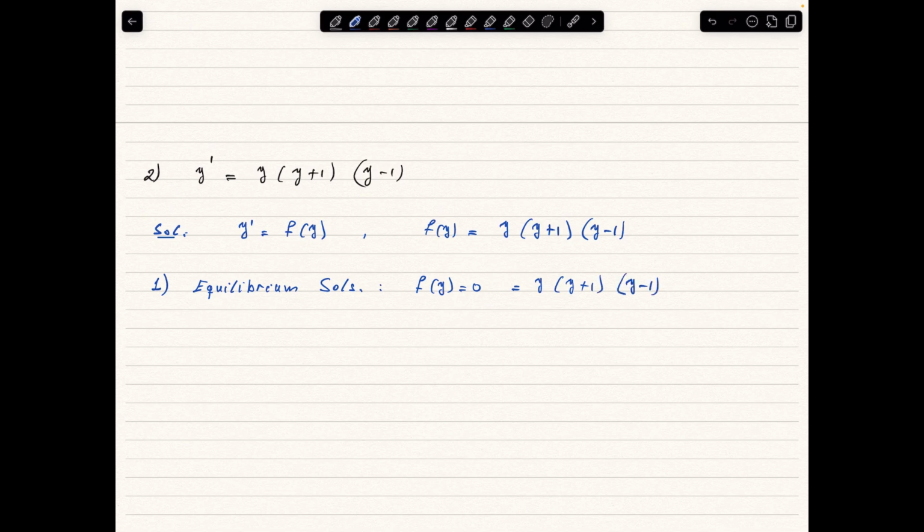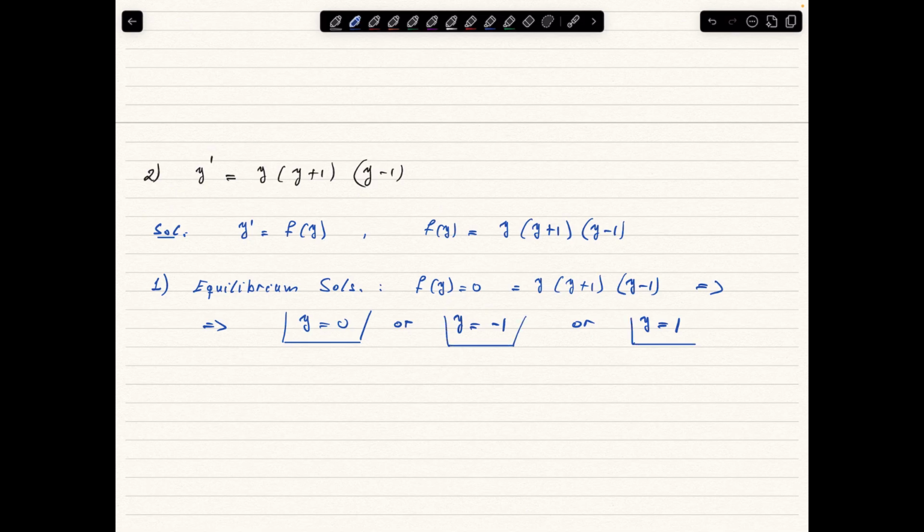Then obviously these equilibrium solutions are going to be each of these factors equals 0, so y equals 0, or y equals negative 1, or y equals positive 1. And these are our equilibrium solutions.